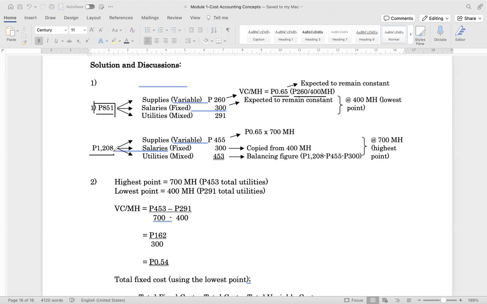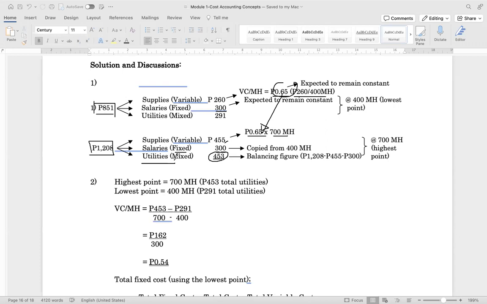At the highest cost, 1,208, we have 455 variable cost for the supplies. So this is 0.65 times 700, that's 455. We apply the variable cost per unit, which is fixed on a per unit basis if variable, but on a per total basis, it varies. Salaries are fixed at 300.